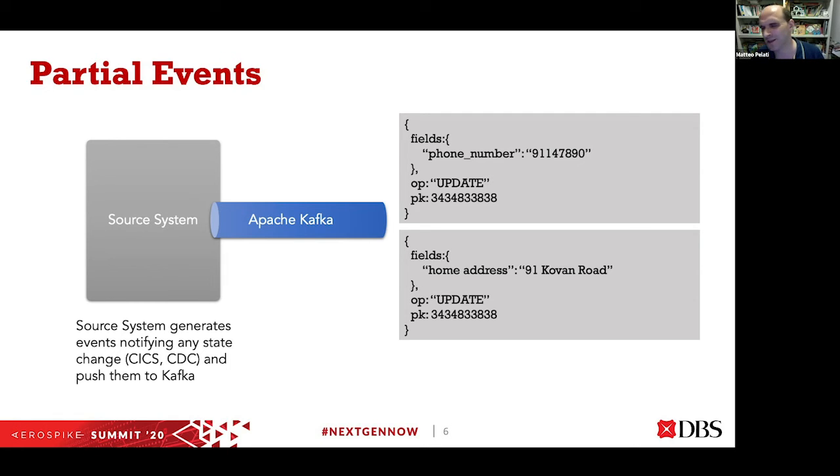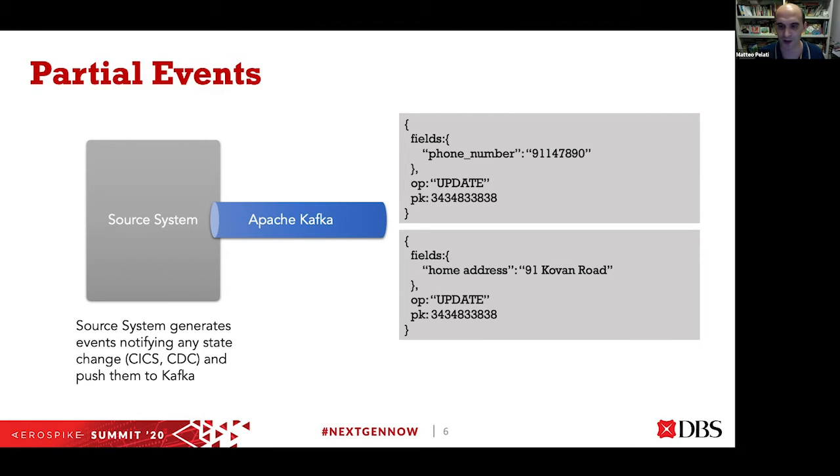Let's say, for example, a customer can update his phone number, and the customer can update his home address. But what we get is two different messages, which are partial. In the first message, we get the phone number update.